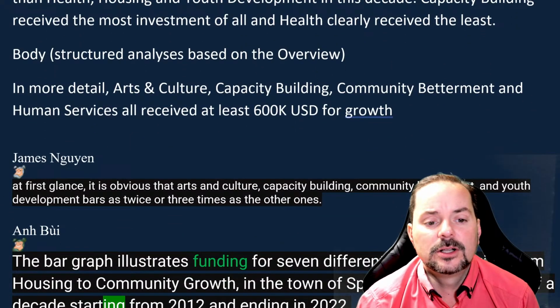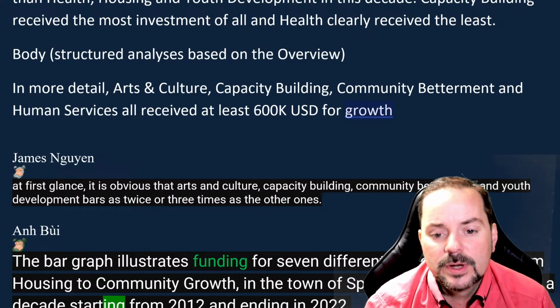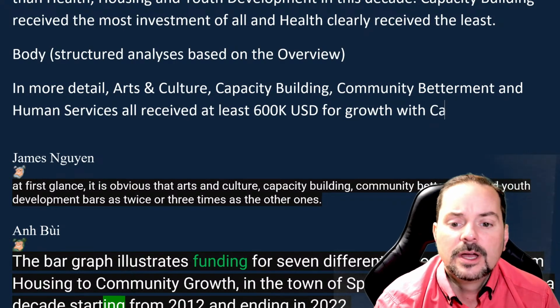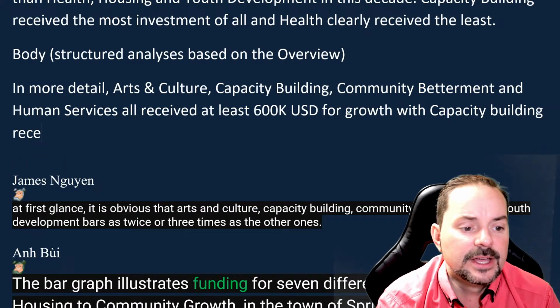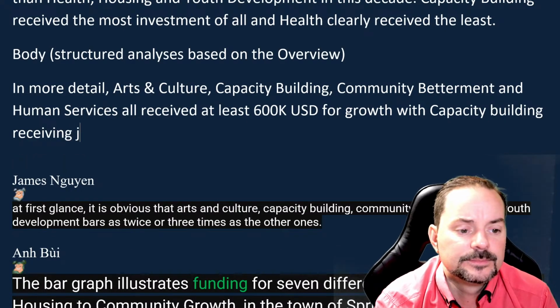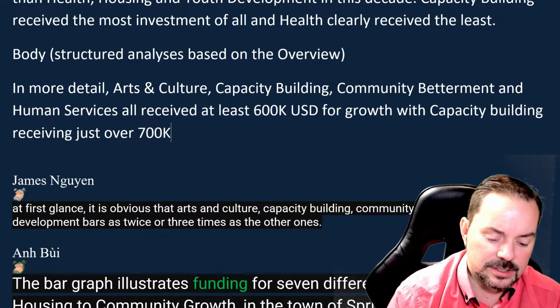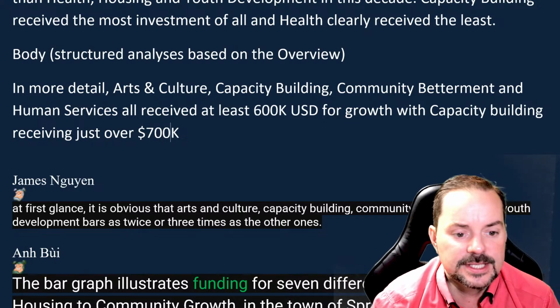In more detail, arts and culture, capacity building, community betterment, and human services all received at least $600,000 for growth, with capacity building receiving just over $700,000 US dollars. I'm just going to use the dollar sign instead this time.